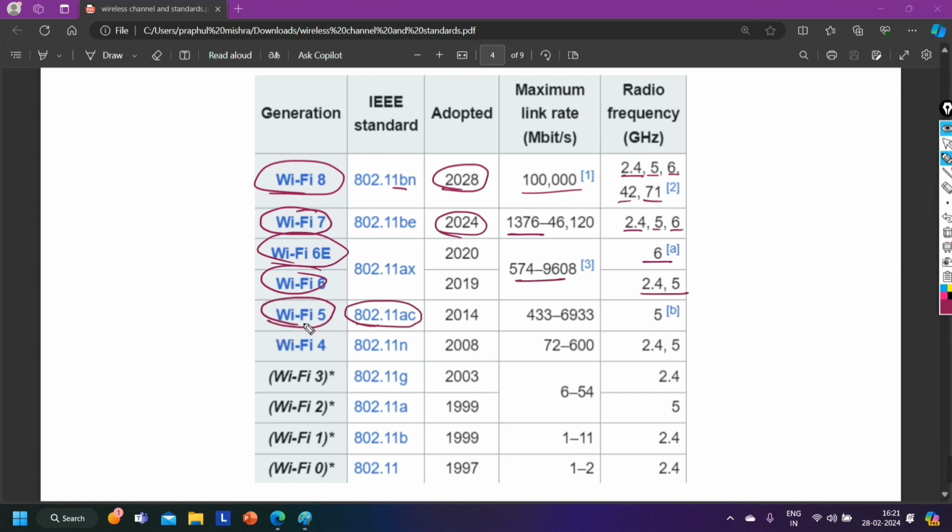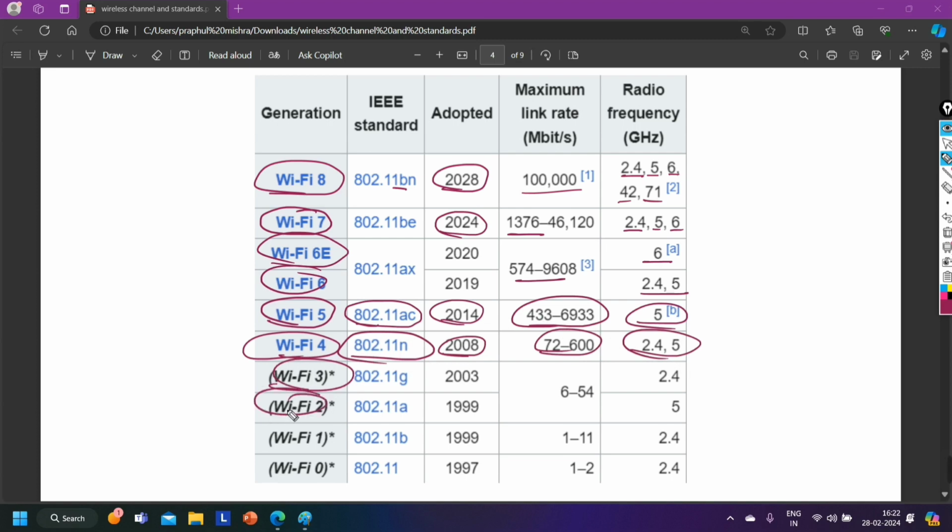Most of the people are saying Wi-Fi 5, which means it is talking about which standard? 802.11ac. Launch date is 2014. The speed, and operates on what frequency? 5 gigahertz. Then guys, Wi-Fi 4, standard 802.11n, launch date 2008, right? Speed and the frequency. Wi-Fi 3, Wi-Fi 2, Wi-Fi 1 and Wi-Fi 0.